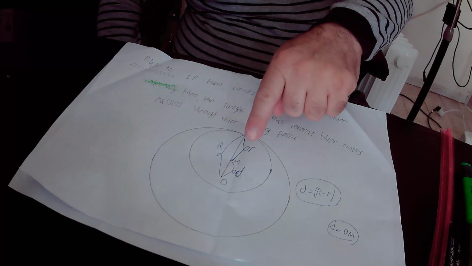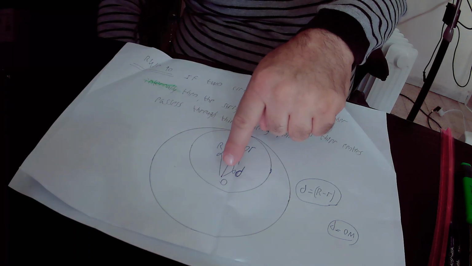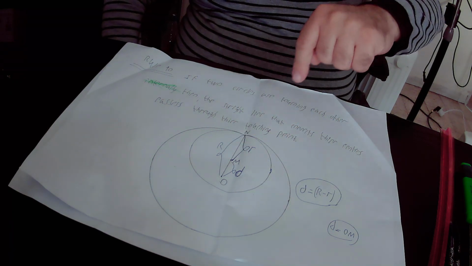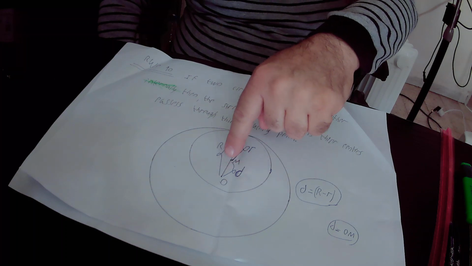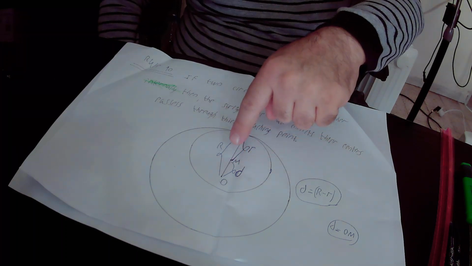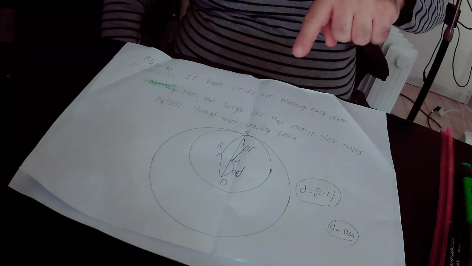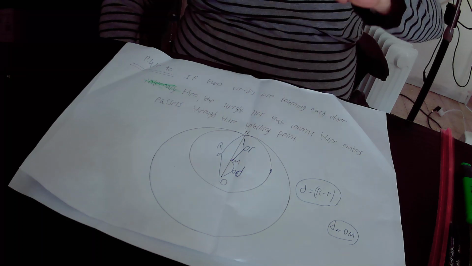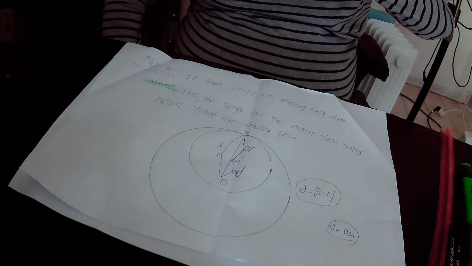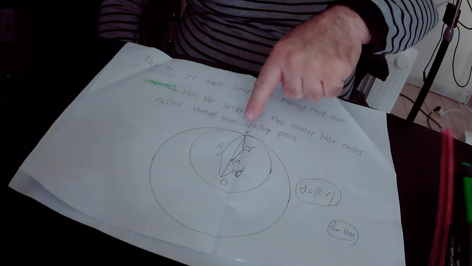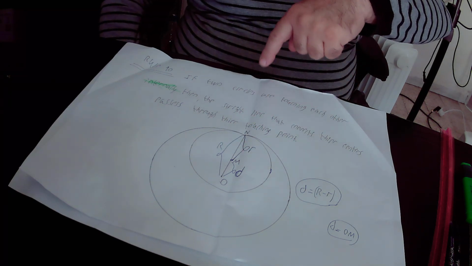Because O is the center of the big semicircle, M is the center of the small semicircle, and therefore OM is the straight line that connects their centers. This straight line OM must pass through their touching point, that is to say, through point N. Or in other words, OMN is one straight line.